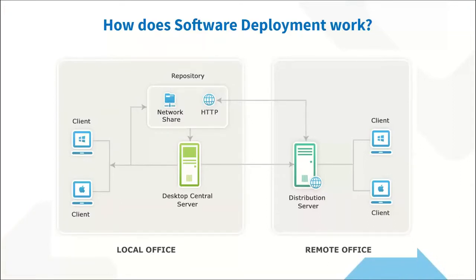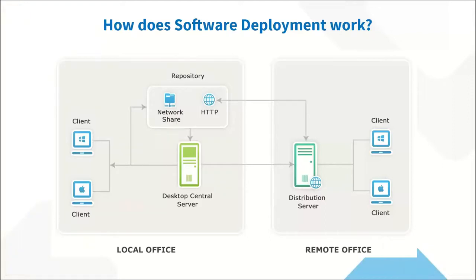Your network share repository can be used for your local area network agents, those within your organization or within your head office. So for these devices, the files are directly present in your network share repository, and your agents will simply contact them directly and download the files without the use of internet.